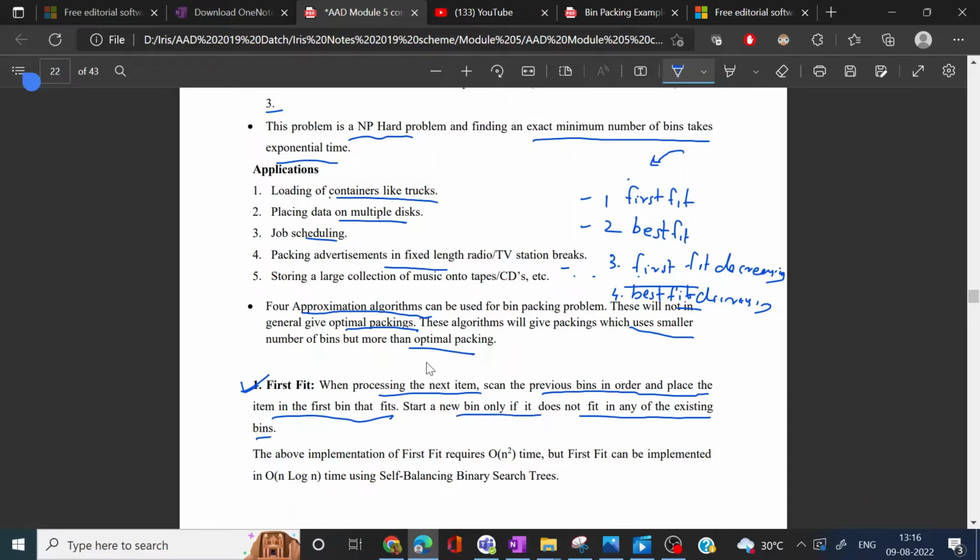When the next item arrives, we check the previous bins. If there is any space, it will be put into that bin. If there is no space, it will be put into a new bin. The first fit algorithm takes big O of n square time, a polynomial time algorithm, and it can be implemented in big O of n log n time if we use self-balancing binary search trees.